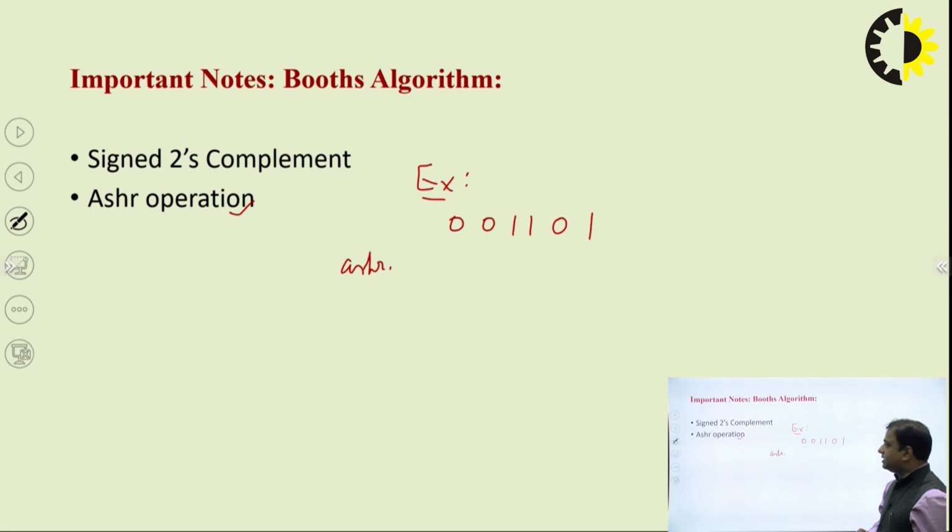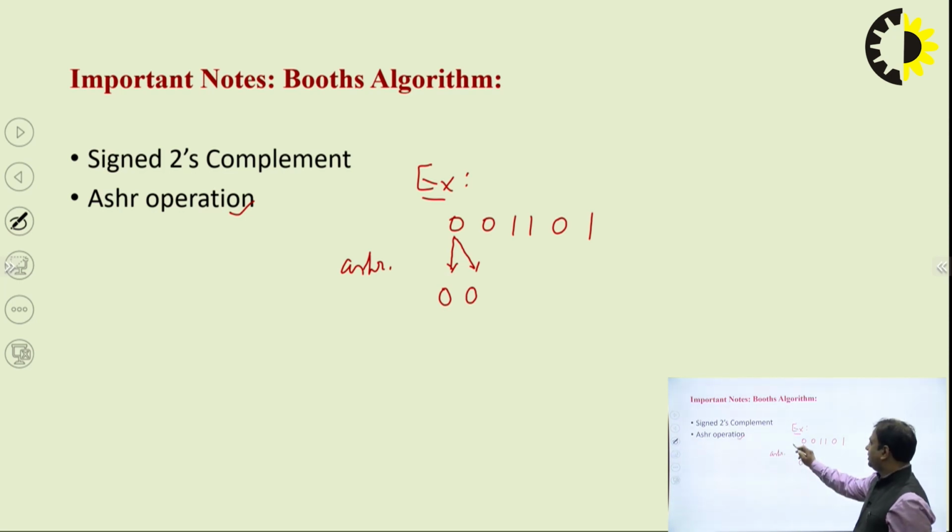The arithmetic shift right operation says that the leftmost bit stays as it is and is also forwarded to the right by 1 position.